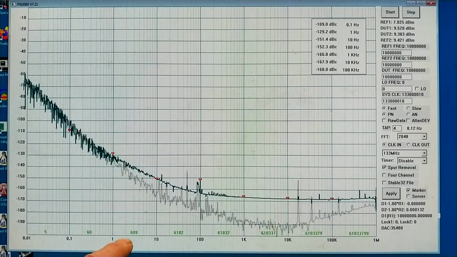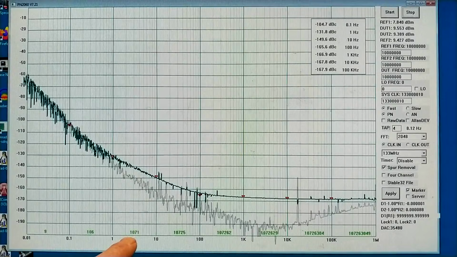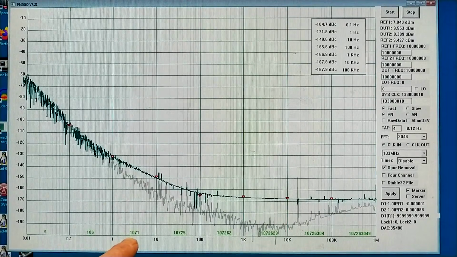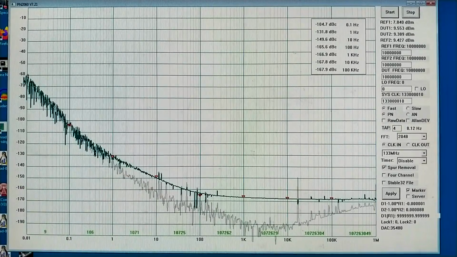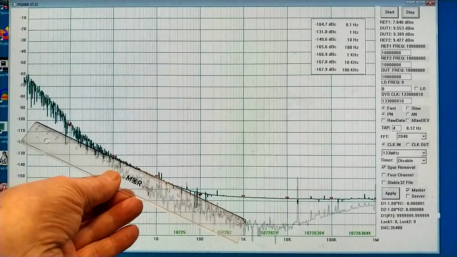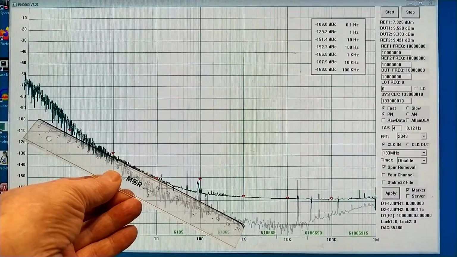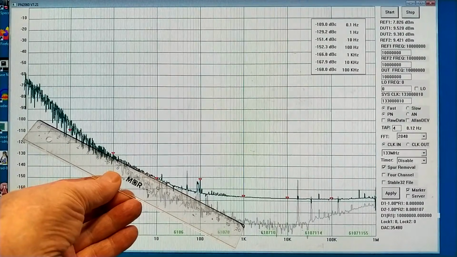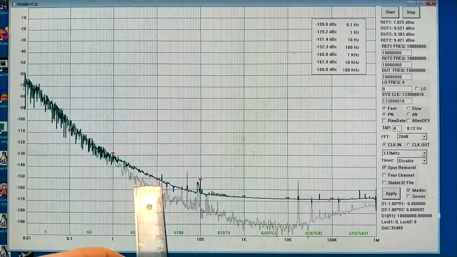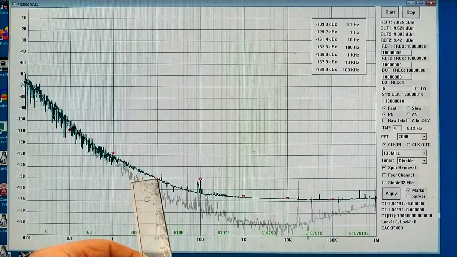Note that the time is about half. It is 600 averages here and 1070 here. But there is clearly a small improvement. Particularly easy to see here.